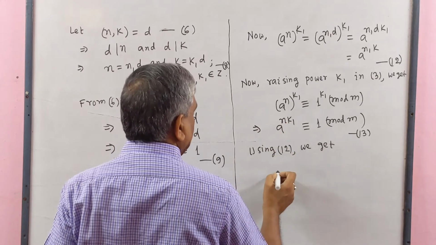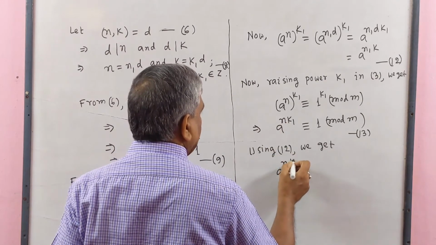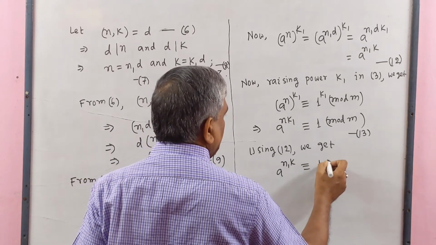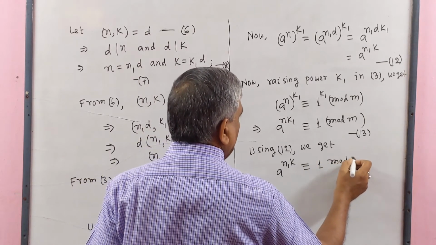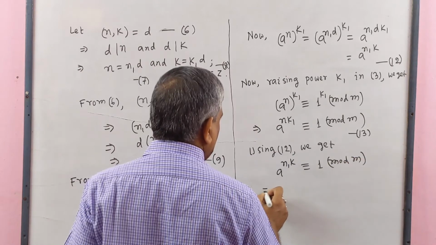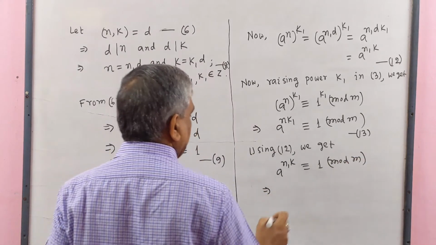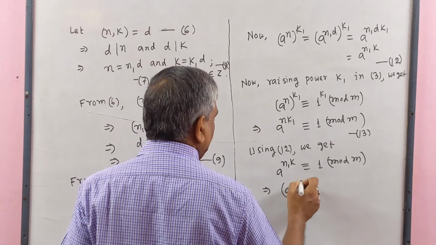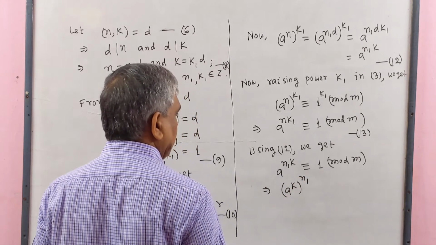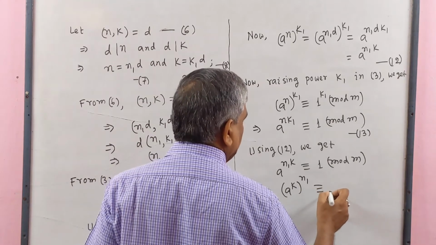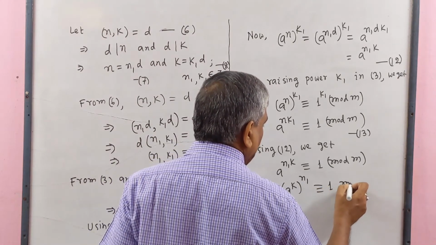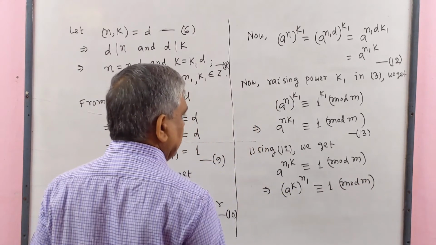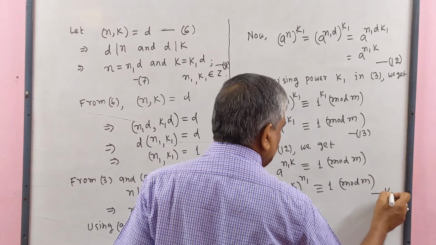Here we write a to the power n1k is congruent to 1 modulo m. Implies that a to the power k to the power n1 is congruent to 1 modulo m. This is number 14.